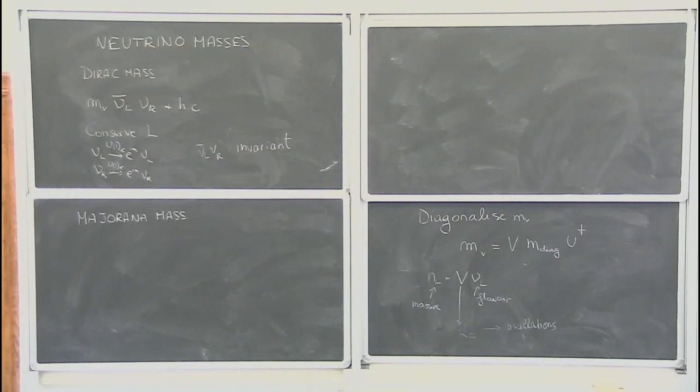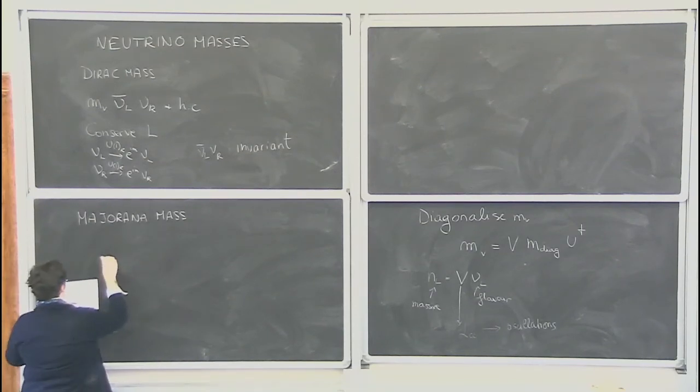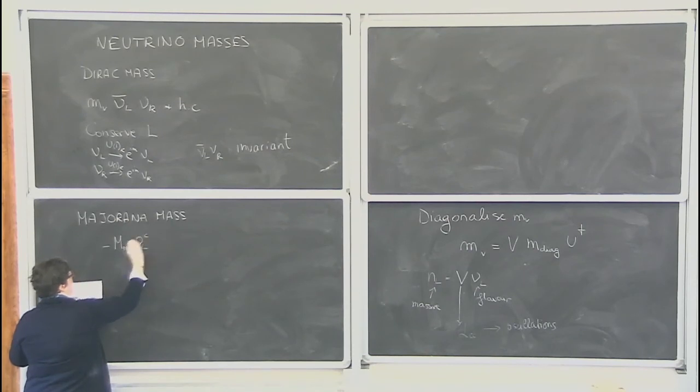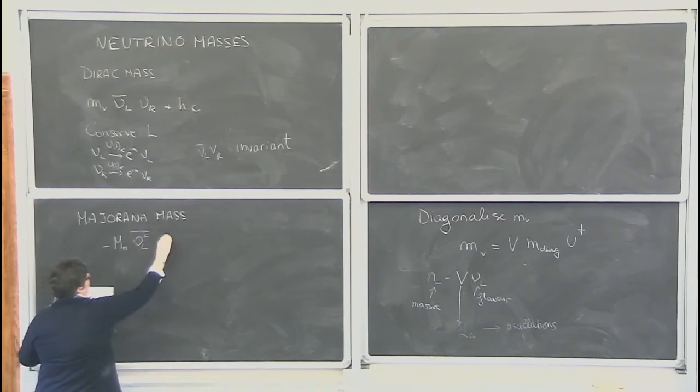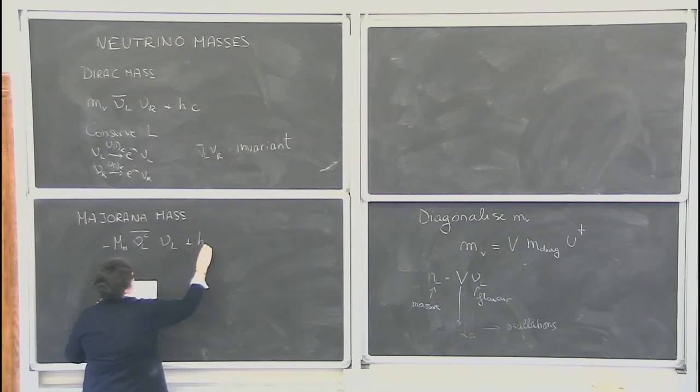You still need a right-handed field, but you remember that we discussed earlier that I can use as right-handed field the charge conjugate of the left-handed nu left, which is right-handed. And so in this case, I can write down a Majorana mass term as a Majorana mass, and then I can use nu left C, which is right-handed, bar nu left plus Hermitian conjugate.